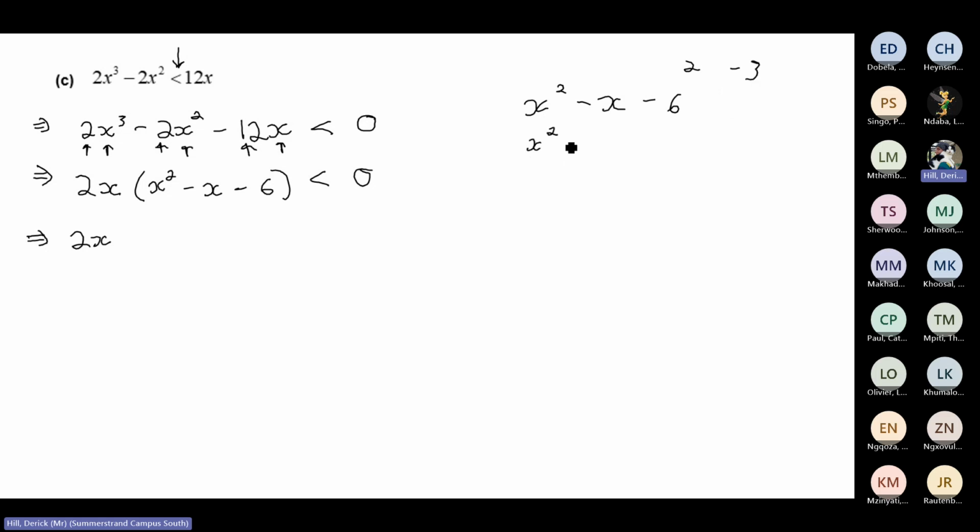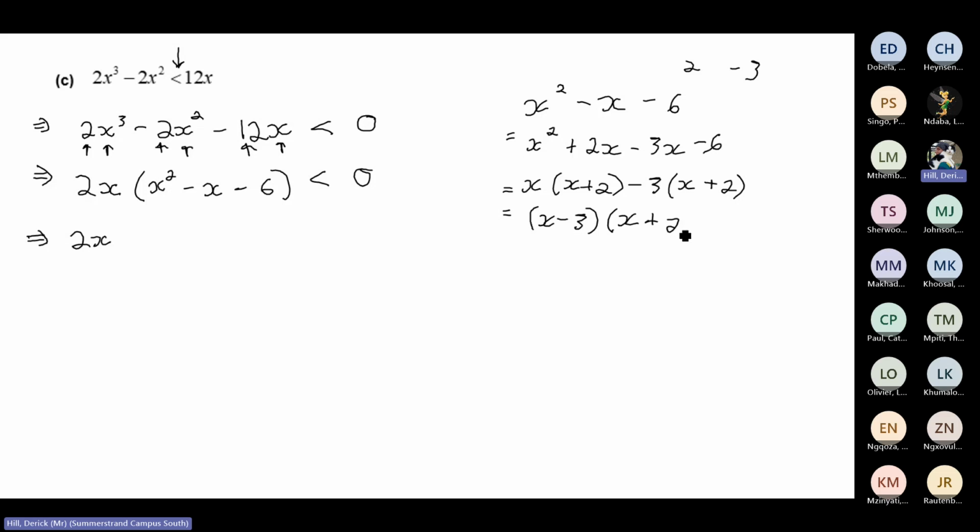So I'm going to have an x squared plus 2x minus 3x minus 6. I can group them and take out common factors. That's x times x plus 2, minus 3 times x plus 2, and I'm left with x minus 3 times x plus 2. Wonderful. See how fast we could do that now that we had all that practice.